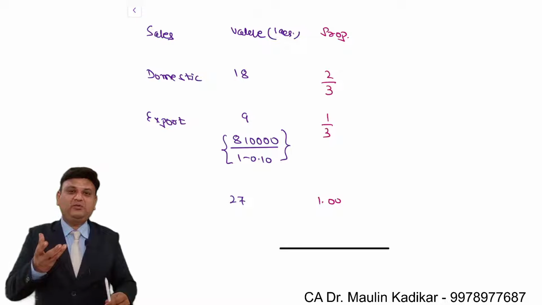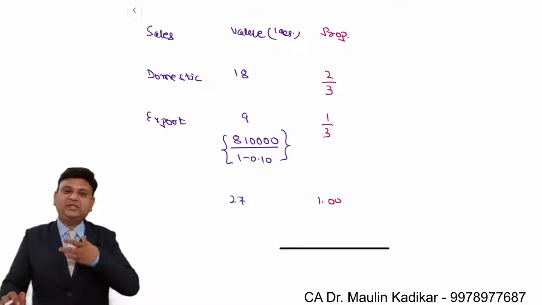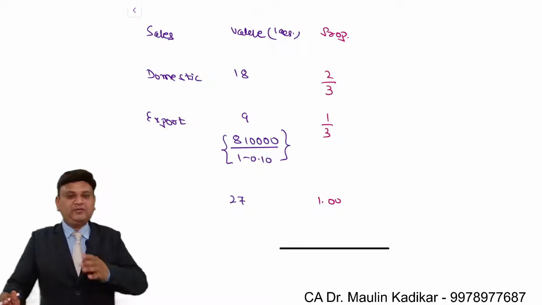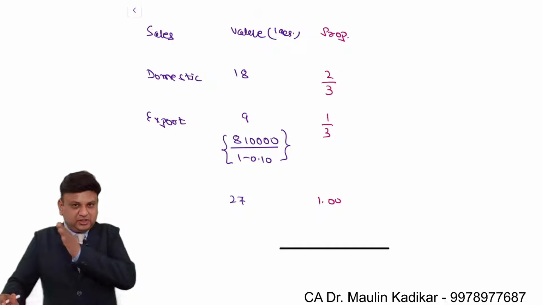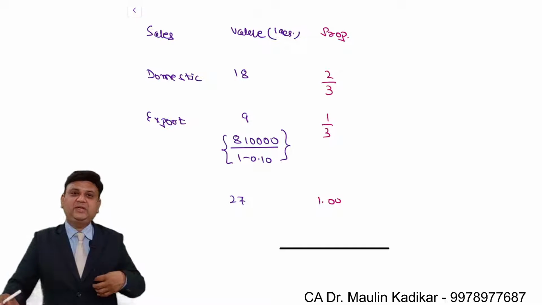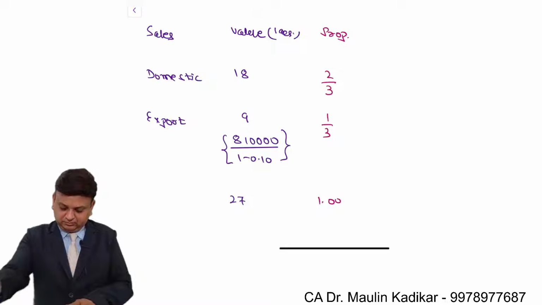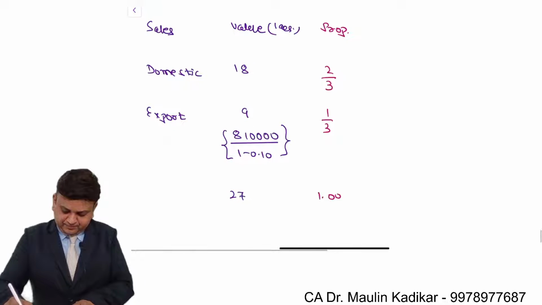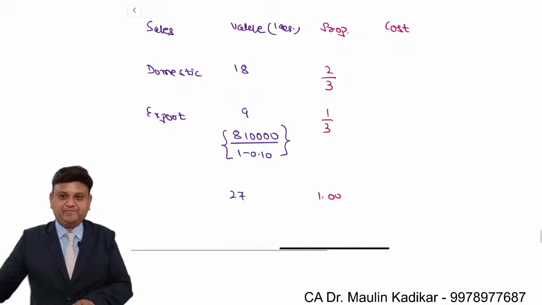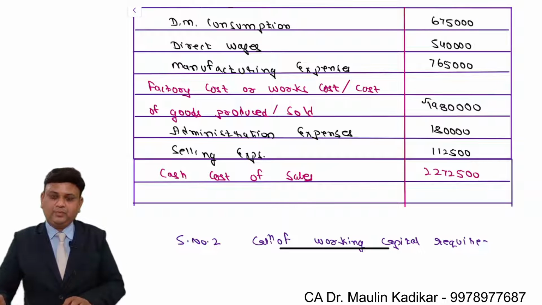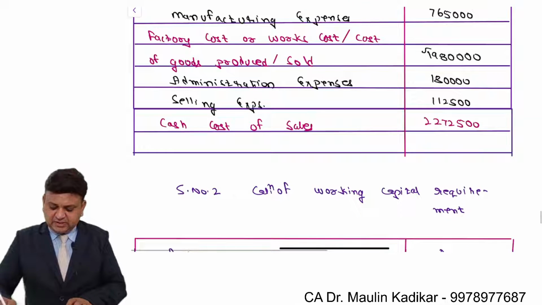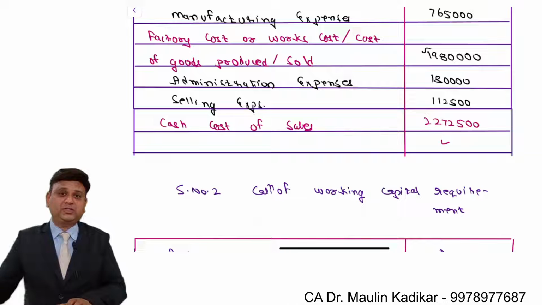I hope that you are able to understand it. Whatever units we have produced, out of that, 2/3 has been sold in the domestic market and 1/3 has been exported. Cost. Cash cost of the sales is 22 lakh 72,500.